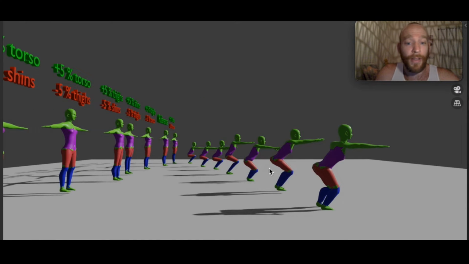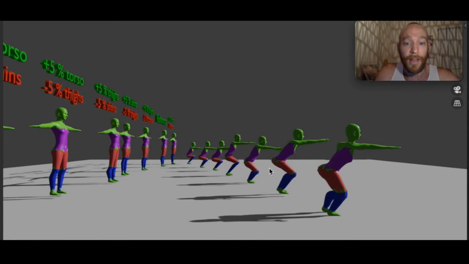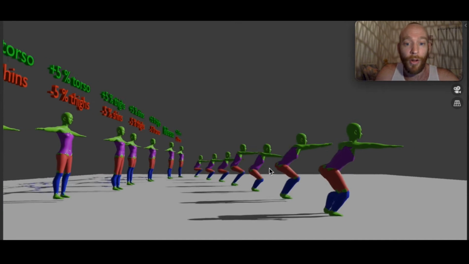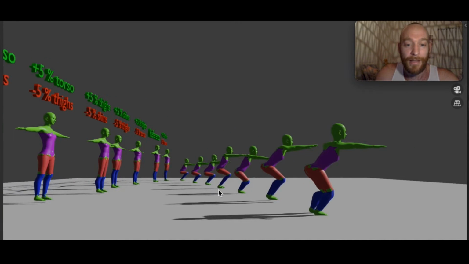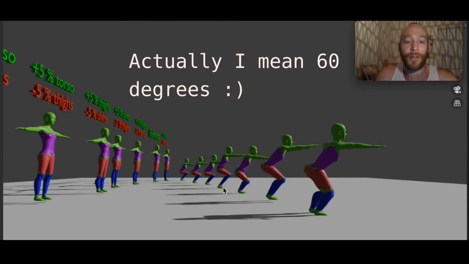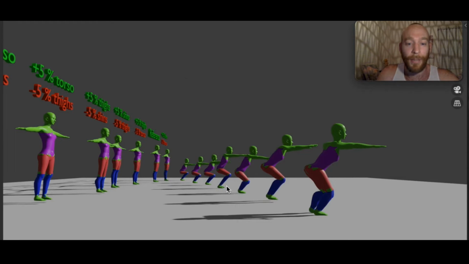So one critical thing that you'll see here that I used as a control for this experiment is the shin to foot angle. I tried to keep that shin to foot angle around 30 degrees, which is near the average range of motion limit for most people.